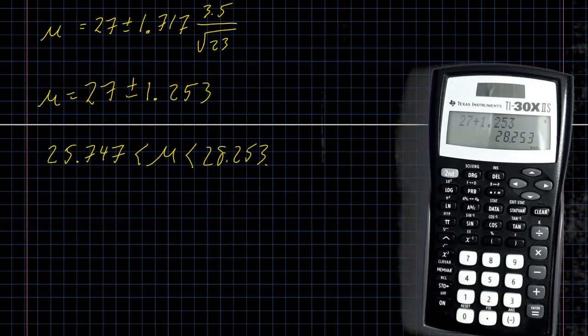Our hypothesis test, remember it's off the screen now. The null hypothesis was that mu is equal to 24. 24 is not in this interval.